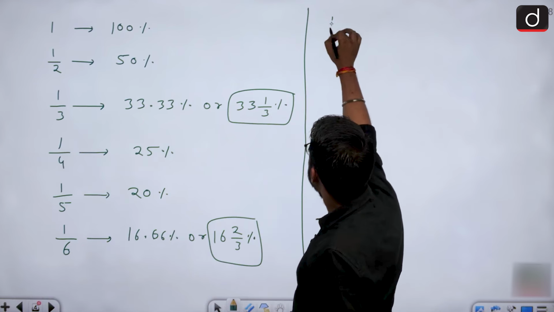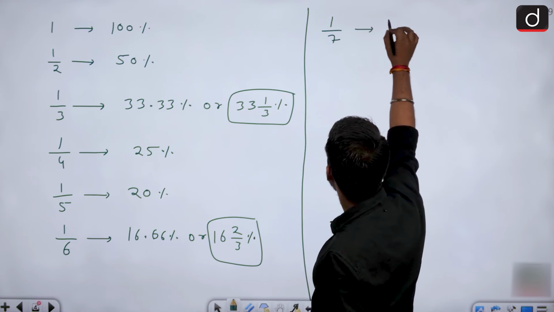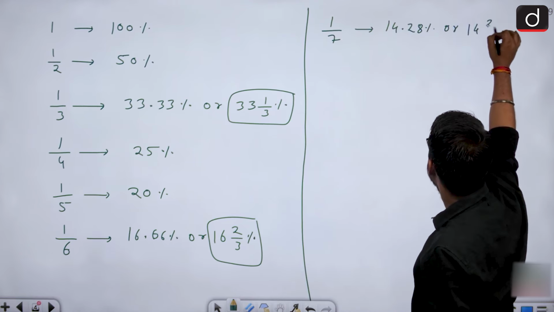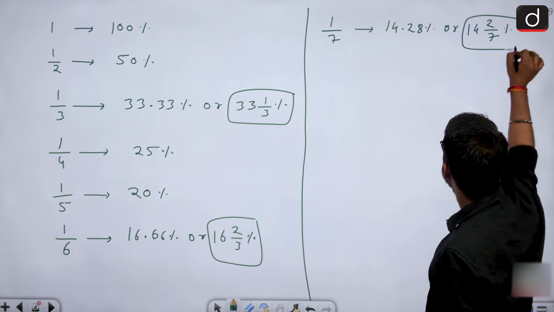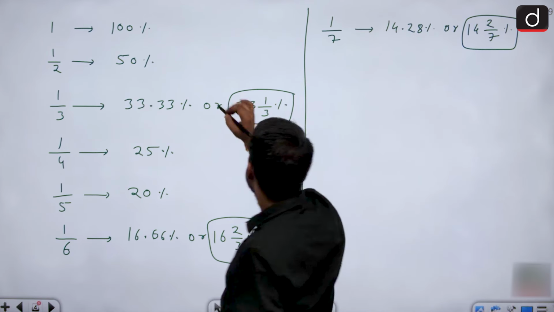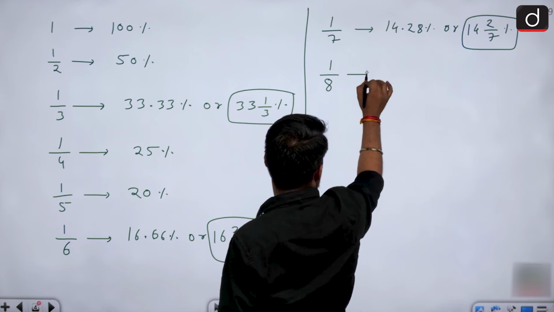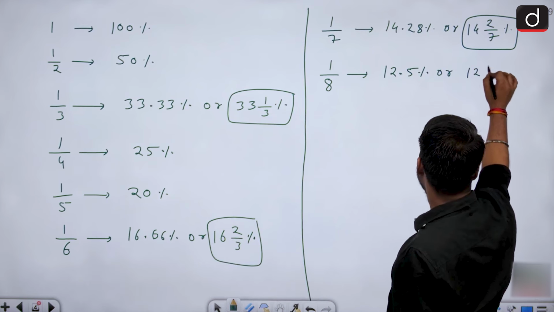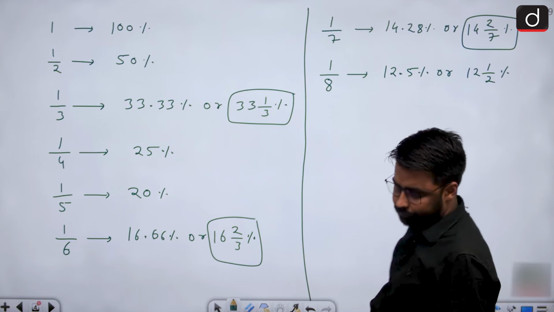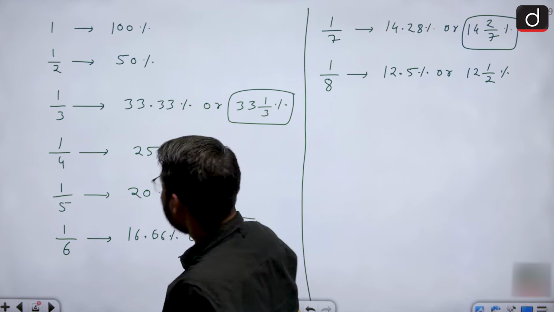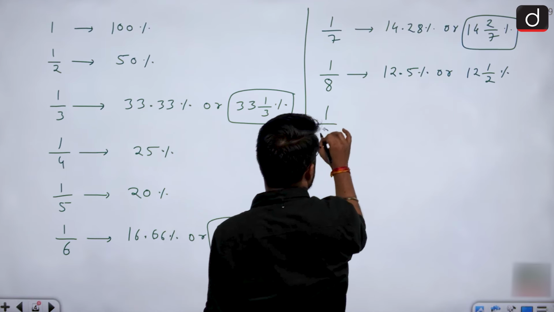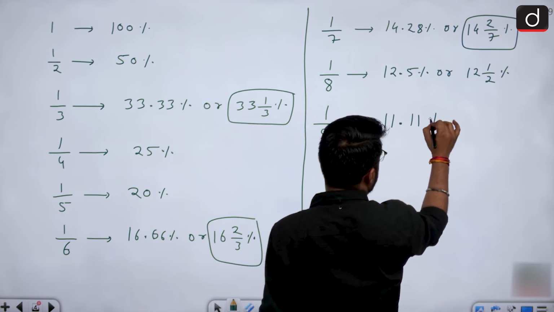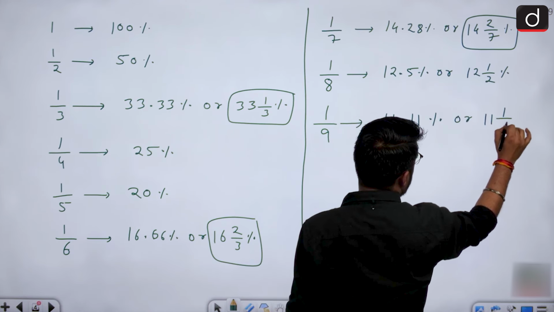The percentage equivalent of 1 by 7 is 14.28% or 14 full 2 by 7%. This is the more commonly used. The fraction value 1 by 8, its percentage equivalent is 12.5% or 12 full 1 by 2%. 1 by 9, its percentage equivalent is 11.11% or 11 full 1 by 9%.